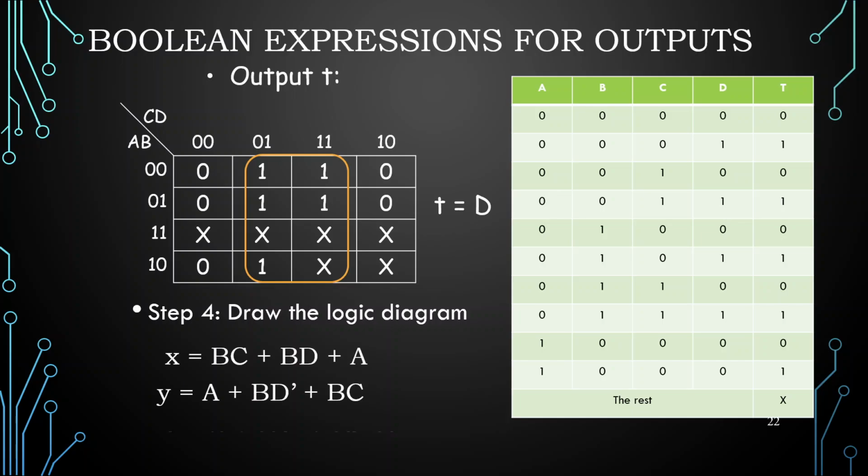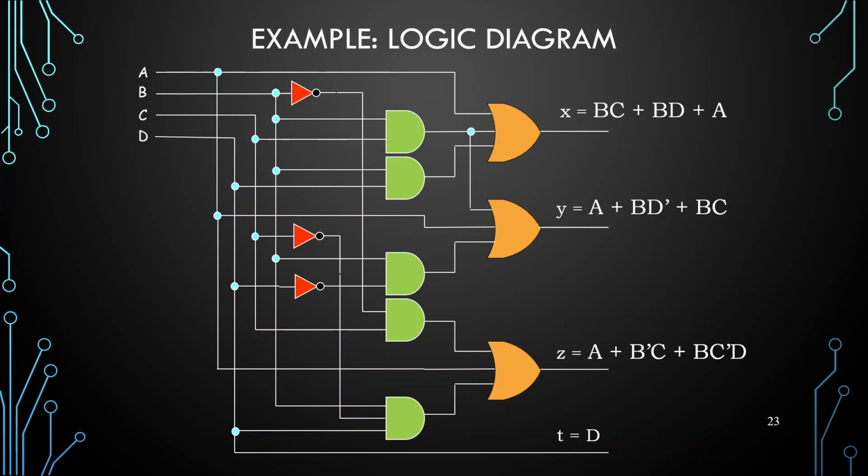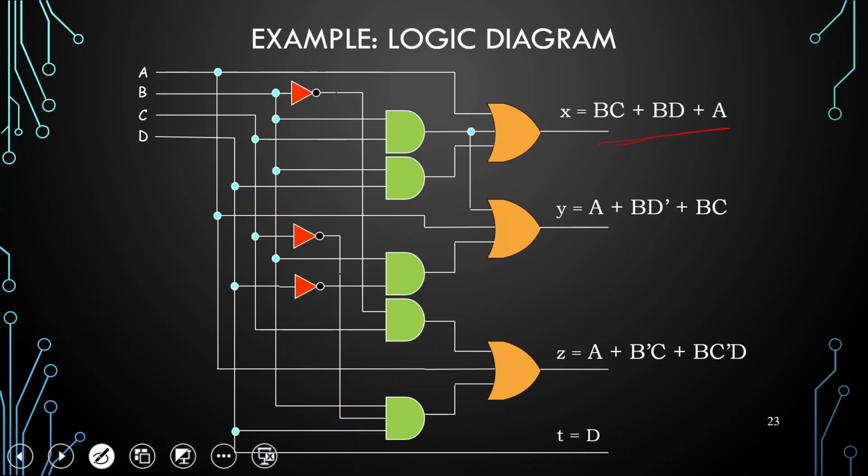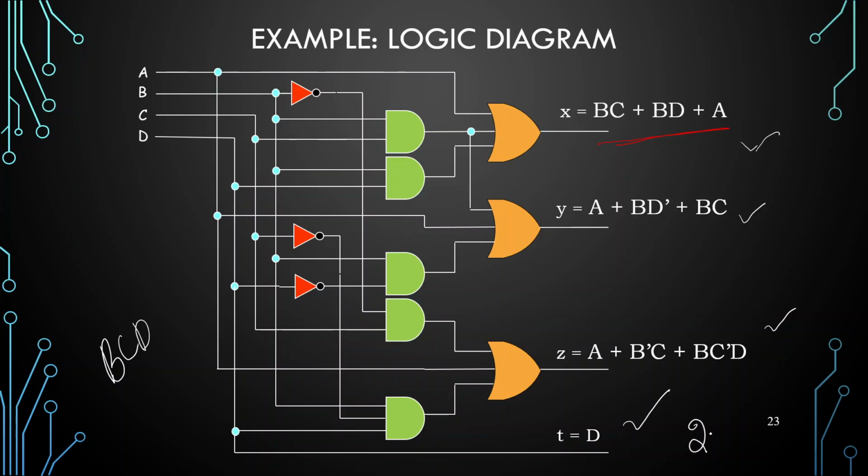From those expressions, I draw the circuit diagram. So this is the circuit diagram. This diagram shows how to get X, how to get Y, then how to get Z and T. So from this, if I give the BCD code, I'll get 2421 code as output.